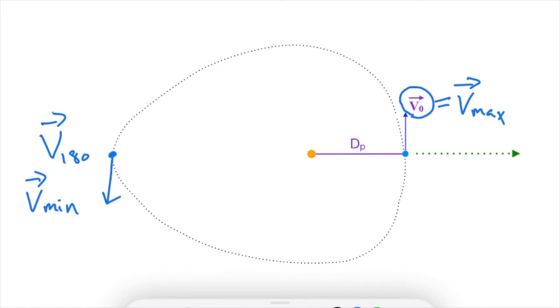Now the next question is, can we say anything about the angle phi that the velocity vector makes at perihelion? We want to claim that phi here must always equal 90 degrees, and that phi over here must also always equal 90 degrees. So let's see the argument for that.